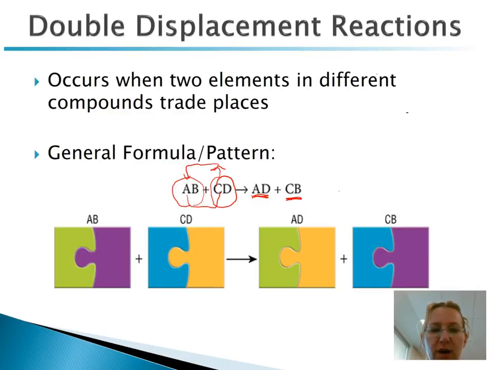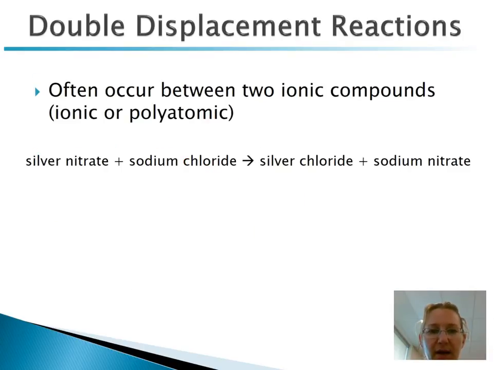Okay, so we have two compounds where, if we think of these, the first two elements in both compounds actually switch locations. Now, when we're dealing with double displacement reactions, generally these two compounds tend to be ionic compounds. So when we're talking about the element that switches, it's generally the metal.